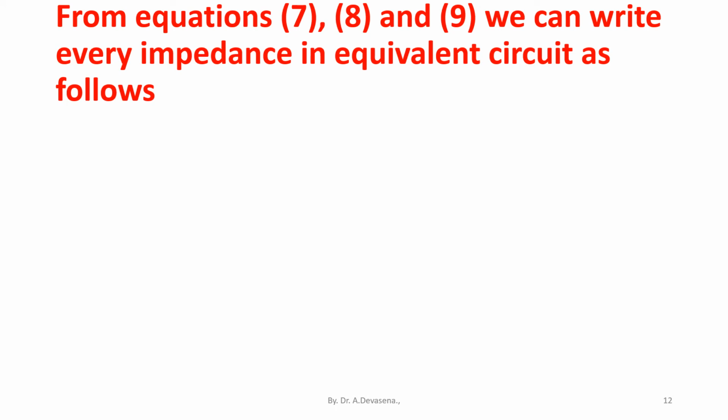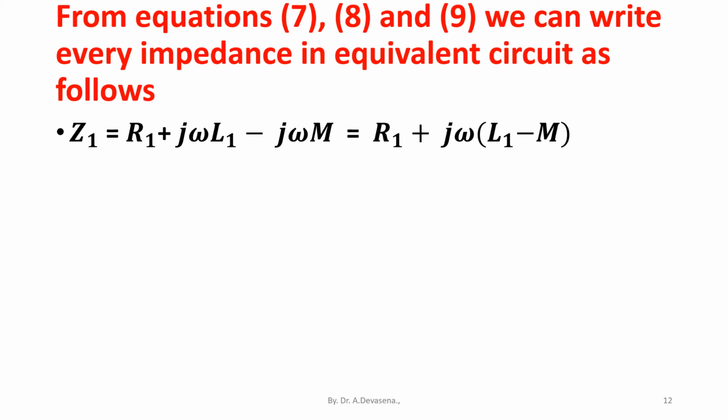From equations 7, 8 and 9, we can write every impedance in the equivalent circuit as follows. Consider equation 7. In that equation, we substitute the value of Z3 equal to j omega M. So equation 7 becomes Z1 is equal to R1 plus j omega L1 minus j omega M. If we take j omega as common, we obtain R1 plus j omega into (L1 minus M).